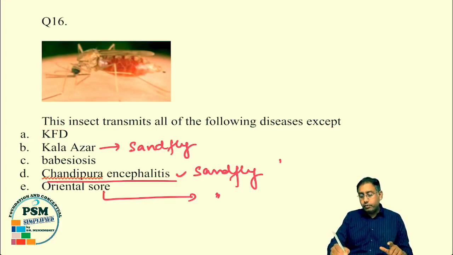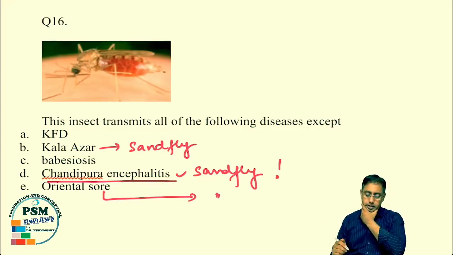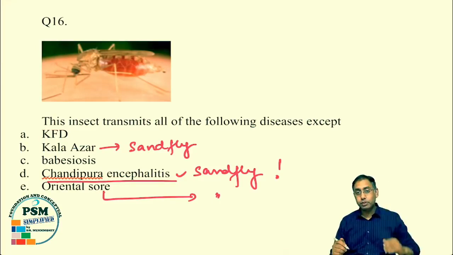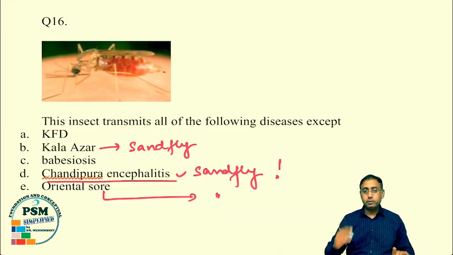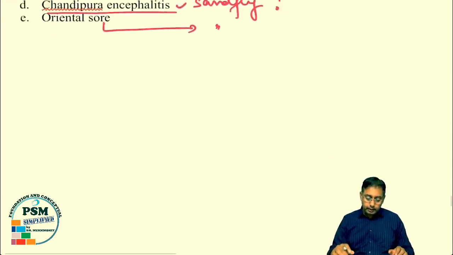So that is something new for the students to learn. This was a new inclusion in the AIIMS paper, that Chandipura encephalitis was a new question for us all. So that was one option which you can remember, right?